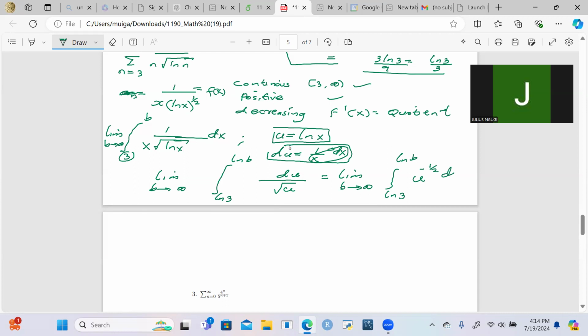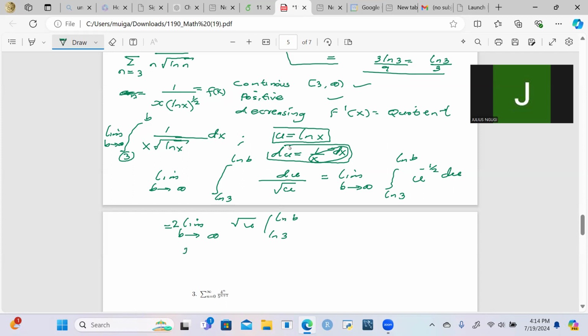with respect to u. So when you integrate, you have the limit as b approaches infinity, u to the power of a half, that's square root of u, divided by a half. So I can put the 2 here. And then ln of 3 and ln of b.